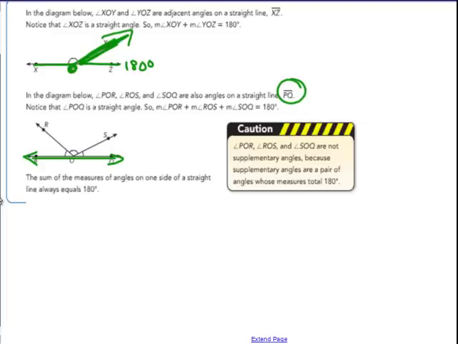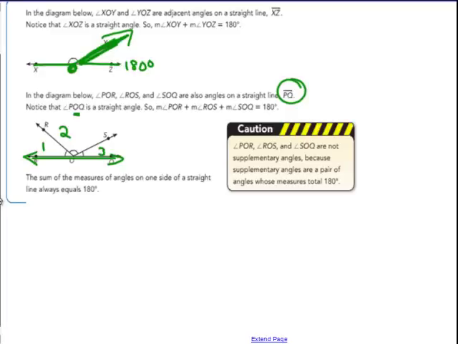Now they put the third vertex point in there, so now you can call it an angle because you have to have 3. You have to have a vertex in the center to call it an angle. So the measure of POR, ROS, and SOQ equals 180 degrees. This is 3 angles. These are not supplements because there's 3 of them. Only a pair of angles is supplementary.